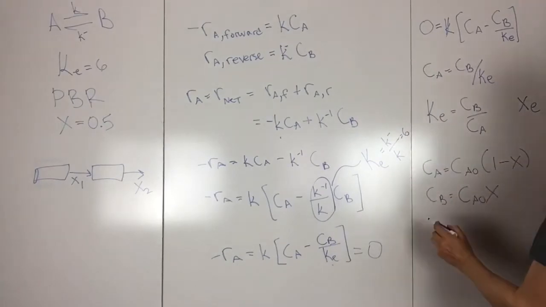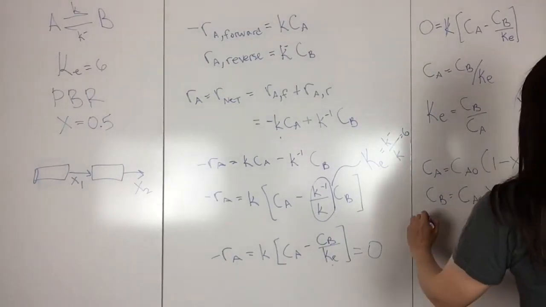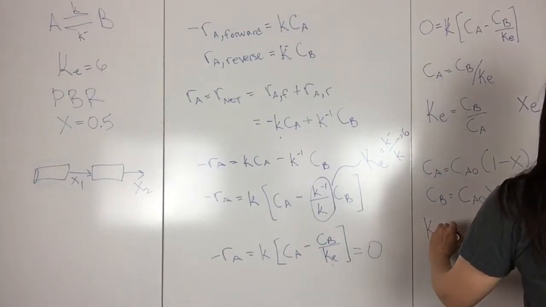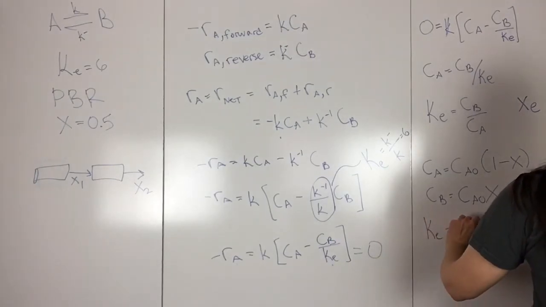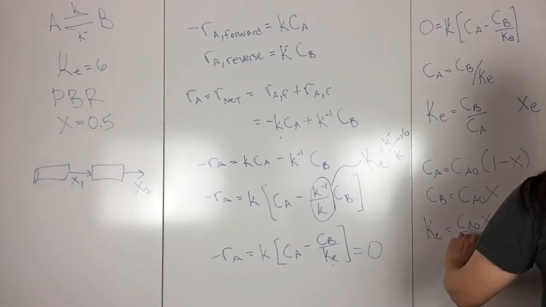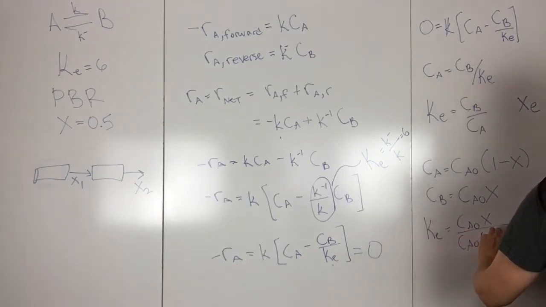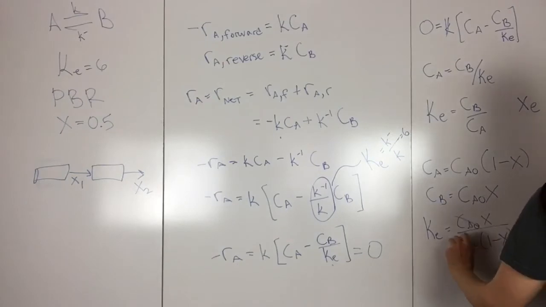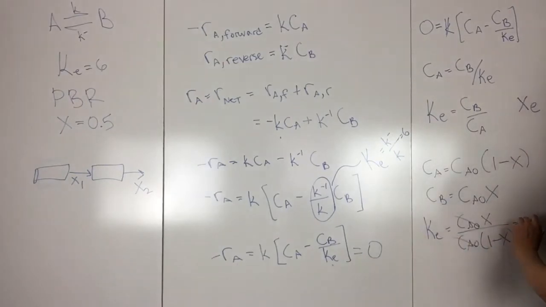So we can plug these in, and we get Ke is equal to CA0 X over CA0 times 1 minus X, so those cancel out. And I'm going to write the X as Xe because it's the equilibrium conversion, so Xe over 1 minus Xe.